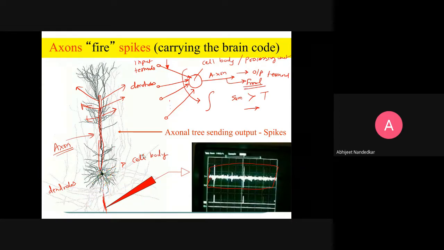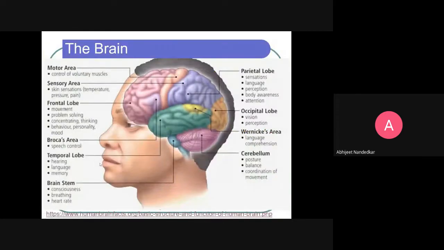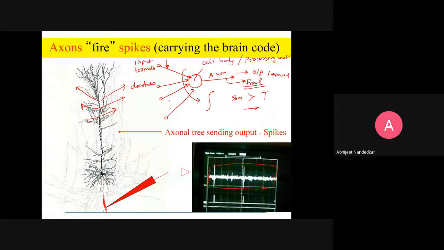Now quickly we will revise this. So what happens? Inputs are coming from different neurons like this, and this element will integrate all these signals coming from different neurons.